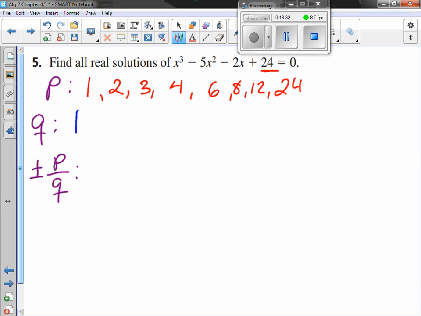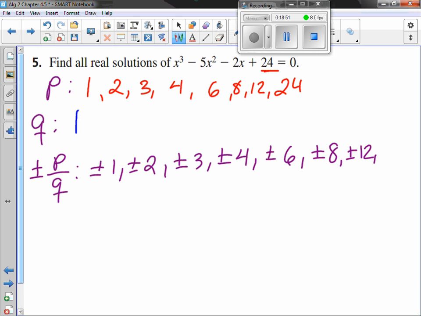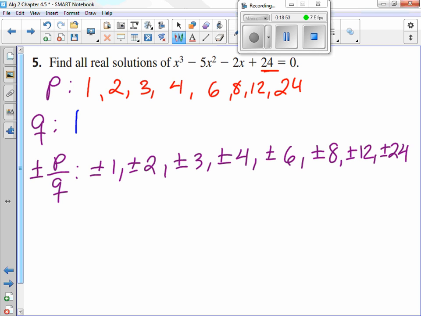Any questions on how we found the factors of 24, the factors of the constant term, or the factors of the leading coefficient? Factors 1. Since it's only 1 for q, we really just have the factors of p, plus or minus those factors.